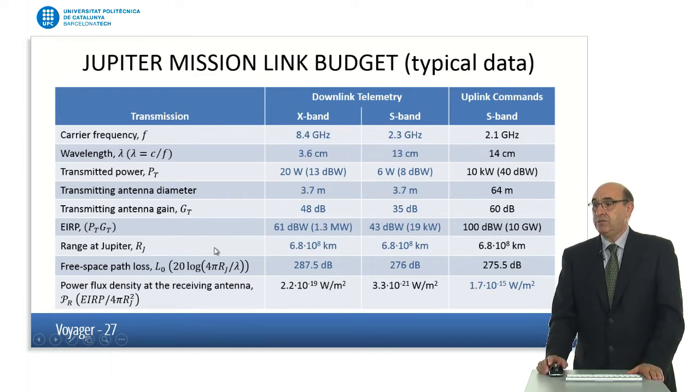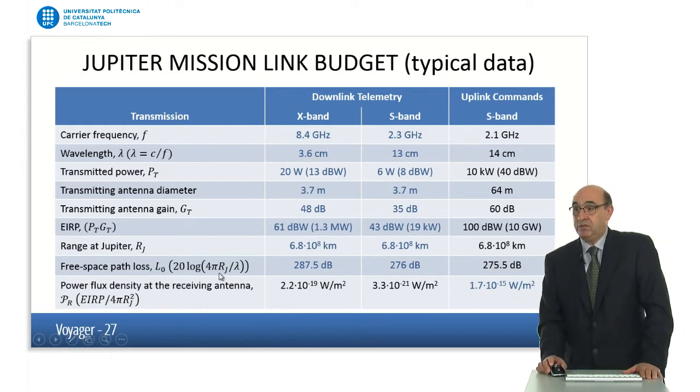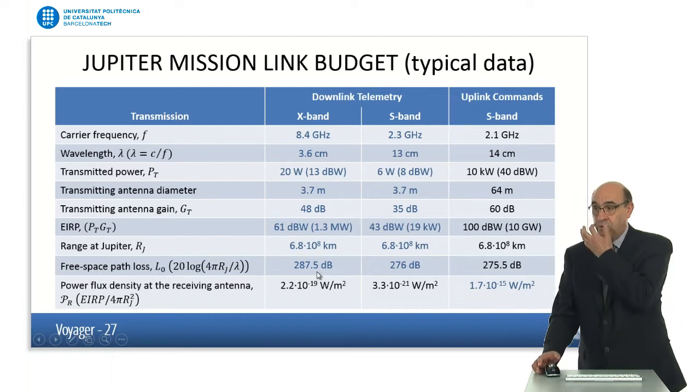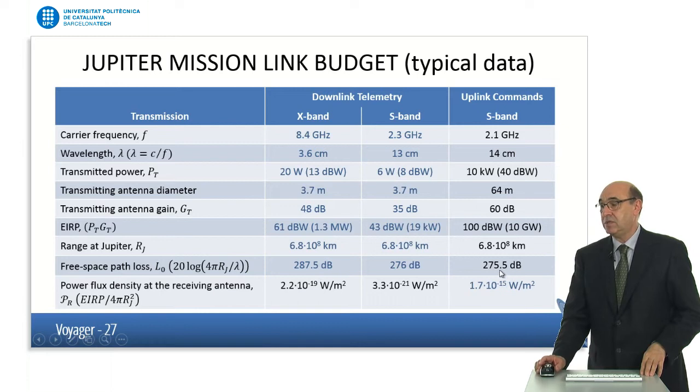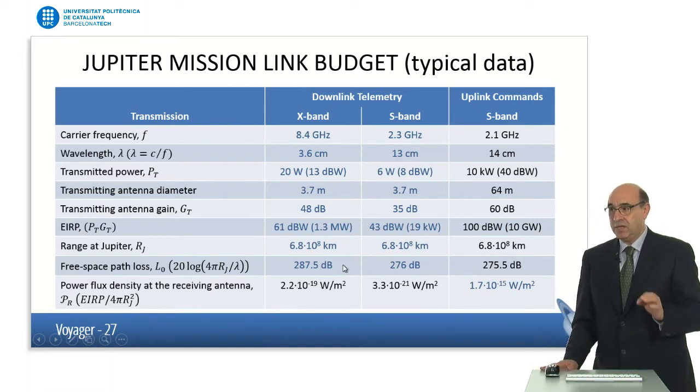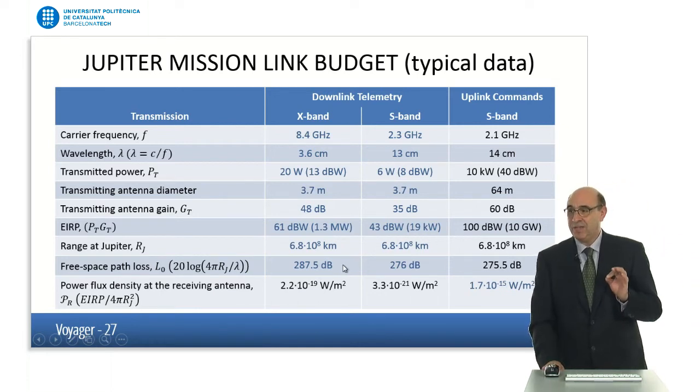The distance to Jupiter is 680 million kilometers, and this gives you a free space path loss, which remember is lambda divided by 4 pi times the distance, of 287.5 dBs, 276 to 275. Just to make a comment on the meaning of this.